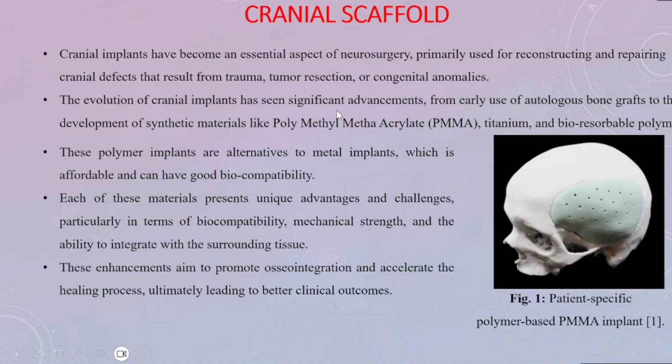There are also people working on PMMA, polymethyl methacrylate implants. These polymer implants are an alternative to metal implants, affordable and with good compatibility. We studied the osseointegration effect in this research, and we have provided some outcomes in the paper which we have published recently.